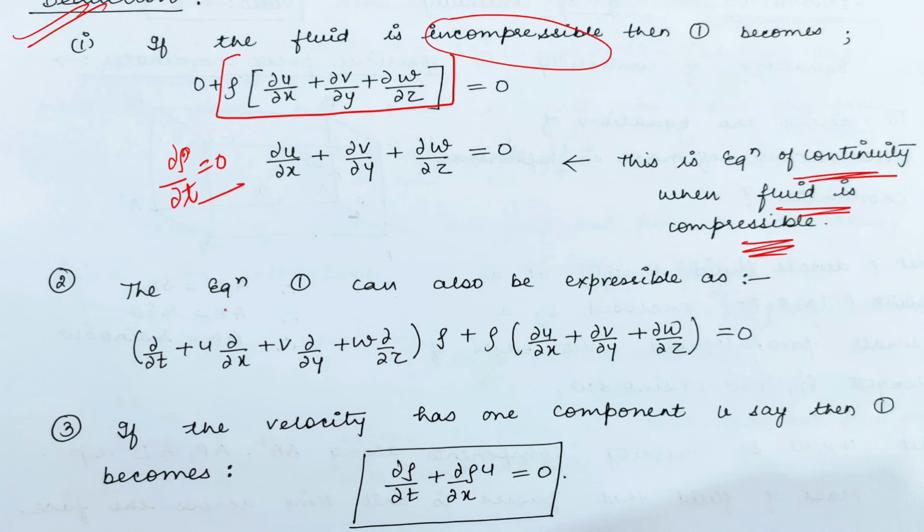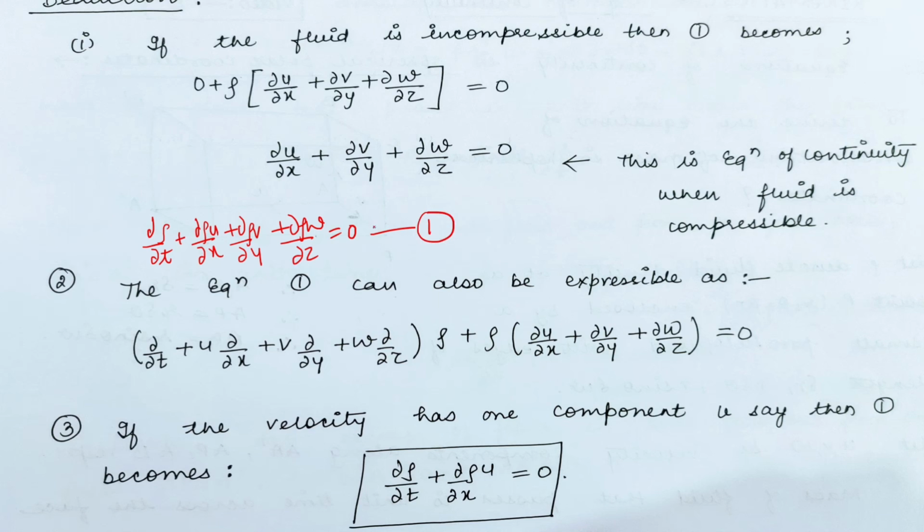Now the next deduction is that equation 1 can also be expressed differently. What was equation number 1? Equation number 1 was del rho by del t plus del rho u by del x plus del rho v by del y plus del rho w by del z equal to 0. This was equation number 1.